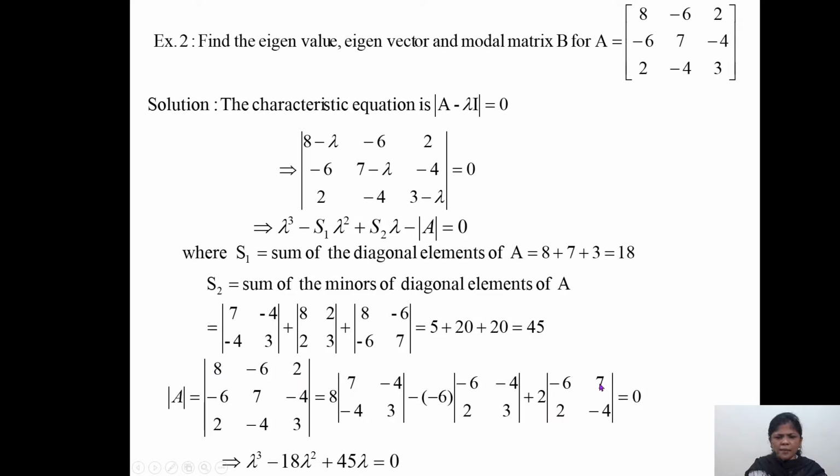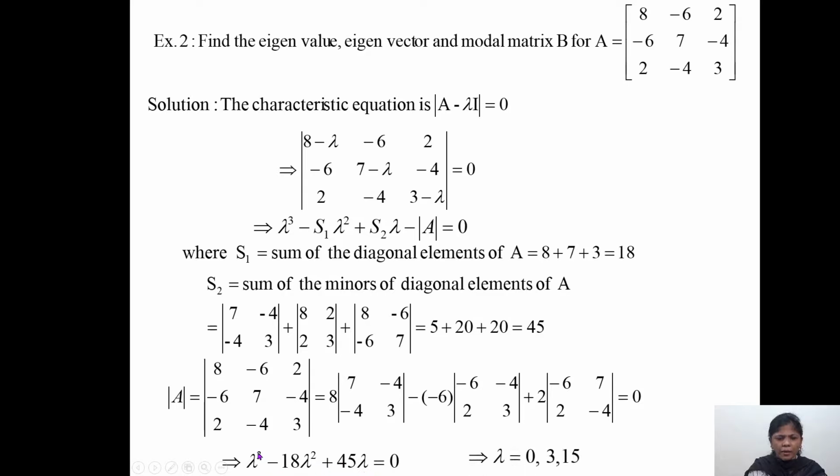Simplify, and you will get 0. So put all these values in the equation. What we get is lambda cube minus 18 lambda square plus 45 lambda, and the determinant of A is 0, so equal to 0. This is our required characteristic equation.